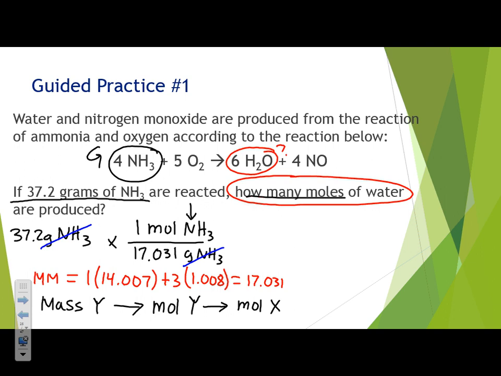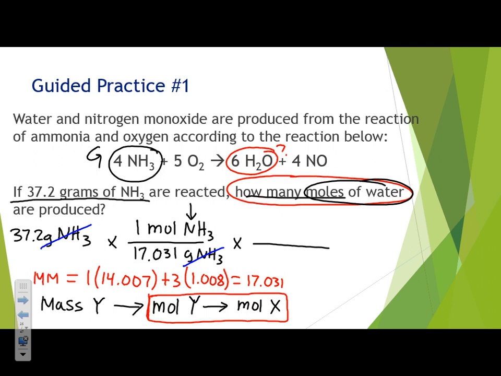But we wanted moles of water. So we need another conversion factor. This one's going to get us from moles to moles, or this step here. So on the bottom, we want our moles of NH3.